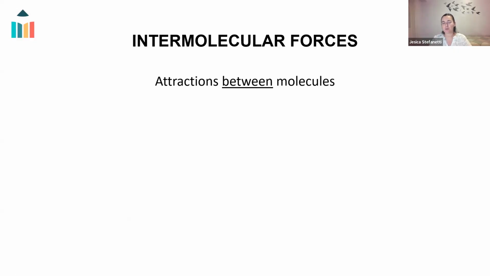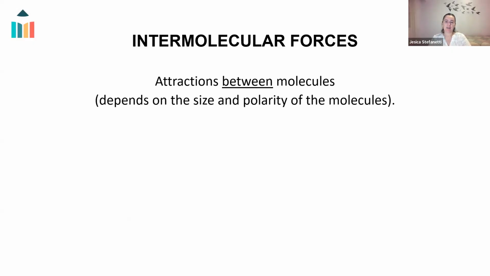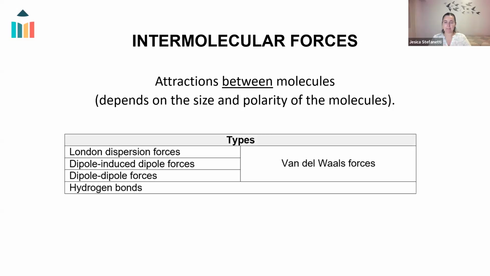Intermolecular forces will be really important in condensed states, meaning in the liquid or in the solid state. In the gaseous state, intermolecular forces tend to be really small because particles are far away from one another. Now, these attractions will depend on the size and the polarity of the molecules. We will see the different types of intermolecular forces in detail.